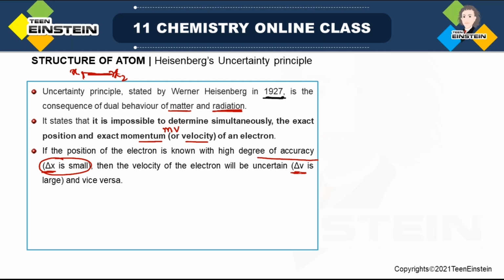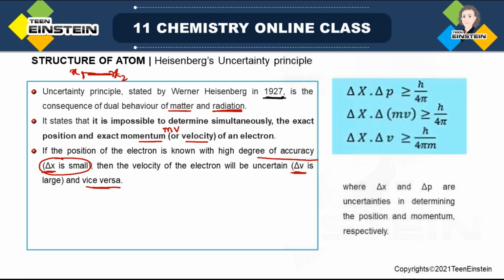That will be very high, and when del v is very high, there will be a high amount of error. So you cannot determine the exact velocity. And vice versa, when the velocity is known with a high degree of accuracy, obviously the del x value will be very large.